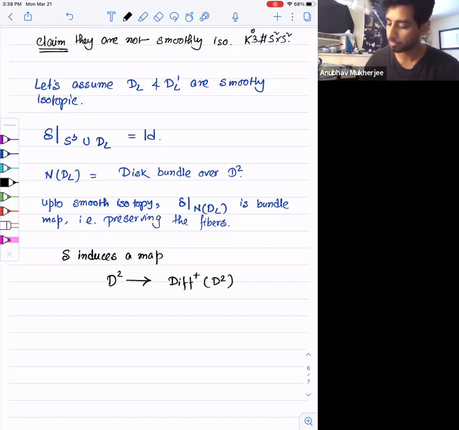And we know that Diff plus of D2 is nothing but SO2, right? Moreover, notice that delta restricted on the boundary S3 is the identity, and the boundary of this base space D2 lies in the boundary S3.